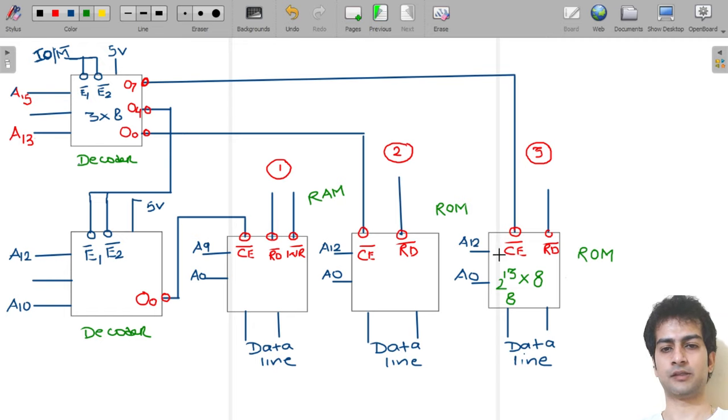So finally it will come out to be 8 kilobyte.